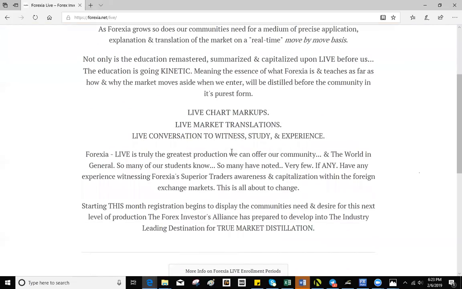Our goal is to help decode where things look chaotic, and make it into a beautiful work of art, where you're 10 steps ahead.